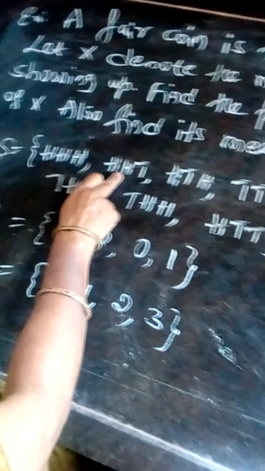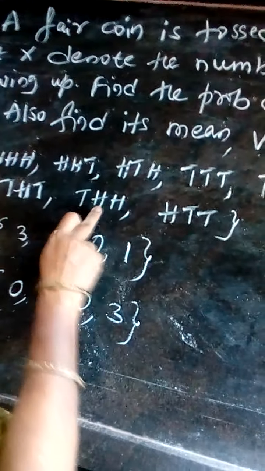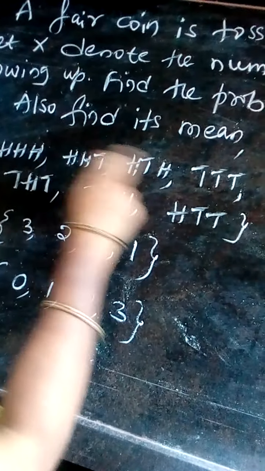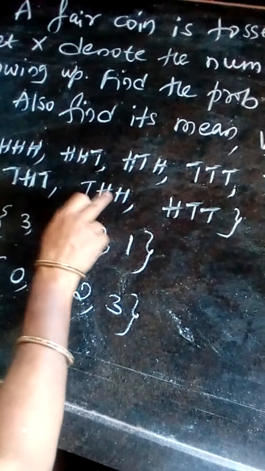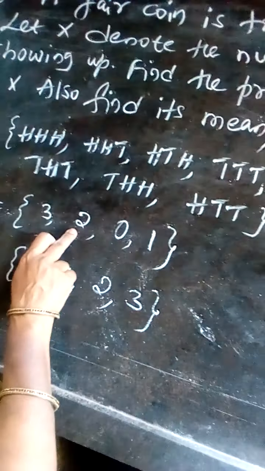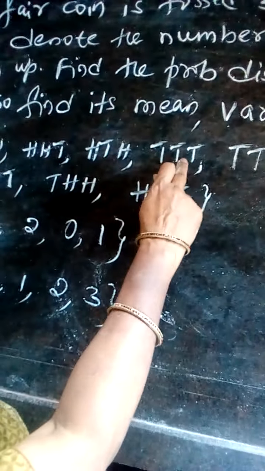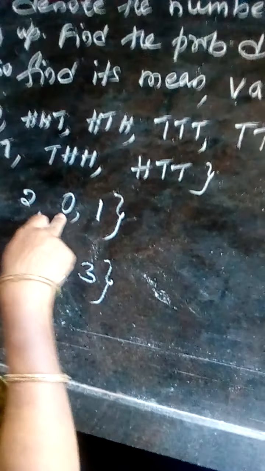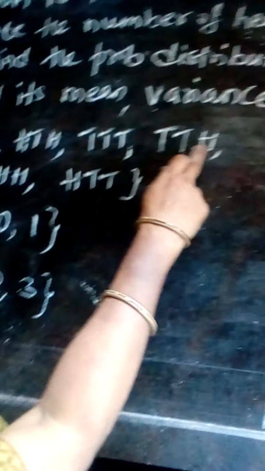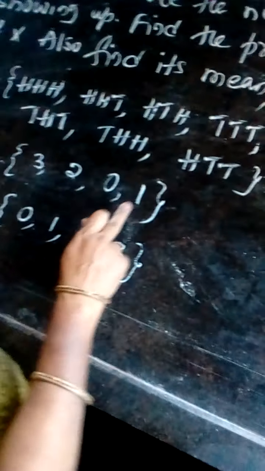Two heads gives the value 2. T T T means no heads, so its value is 0, only one possible outcome. Getting only one head gives 1. So x takes the values 0, 1, 2, 3.